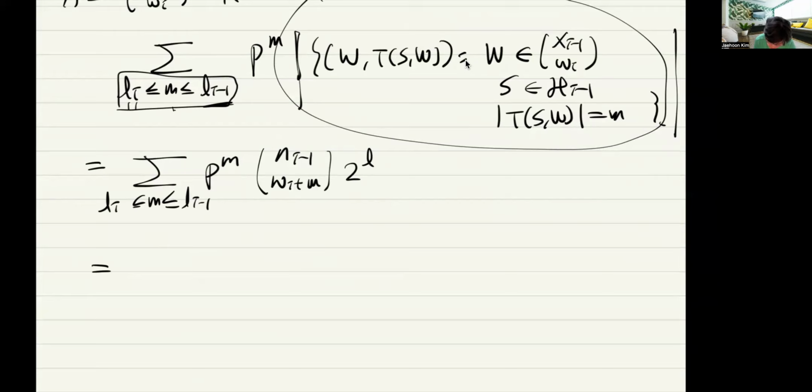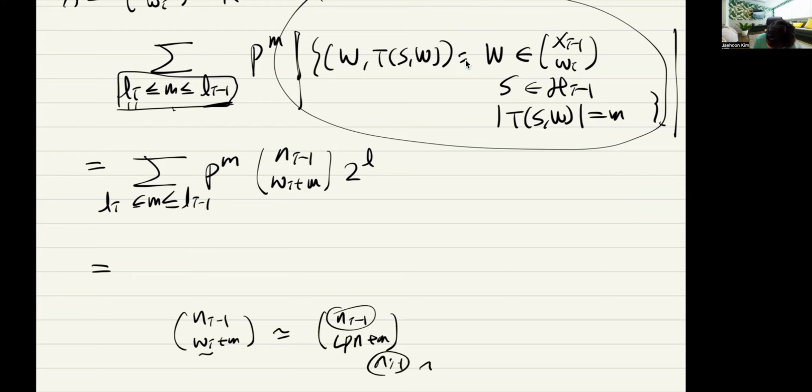Okay, but what we know is that Ni minus 1 choose Wi plus M is roughly Ni minus 1 times what's this? This is L to the N plus M. And Ni minus 1 is roughly L to the N. So the ratio between these two is like LP. And then if you consider this and Ni minus 1 Wi, and compare these two, you just expand using the formula for the binomial coefficient.